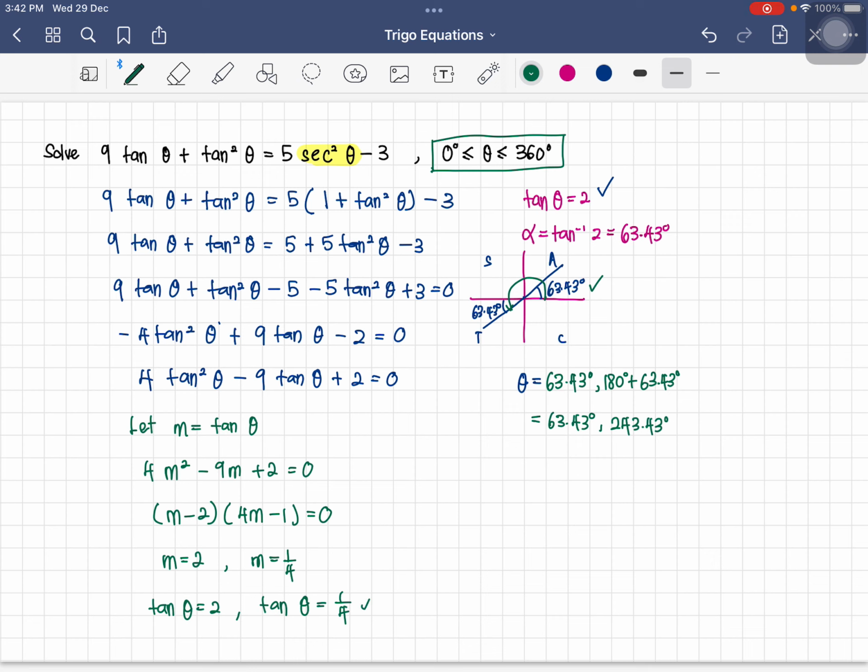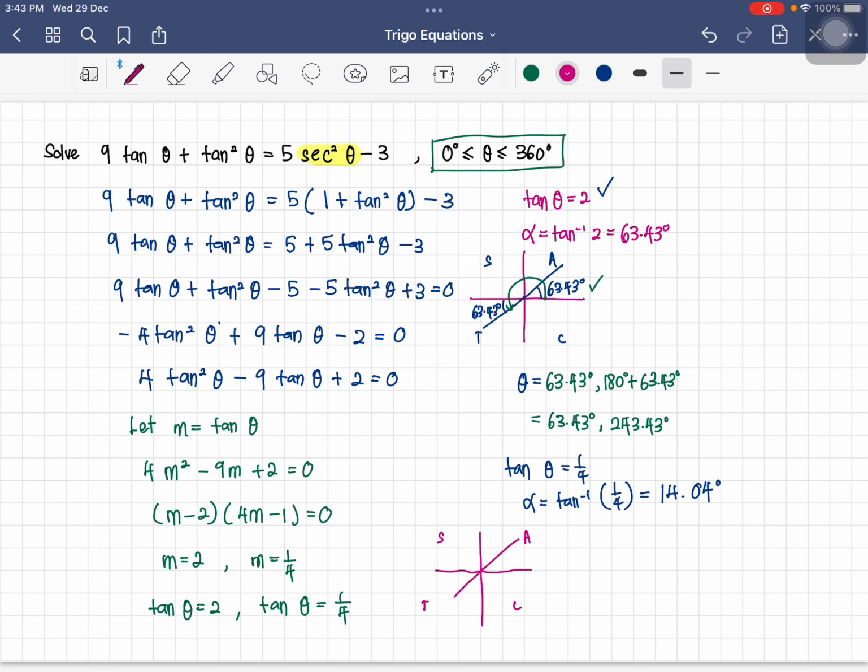Let's look at the second one, where tangent theta is equal to 1 over 4. Therefore, I need to find the basic angle, so I find the tangent inverse of 1 over 4, which is 14.04 degrees. Again, ASTC is a helpful tool for us.